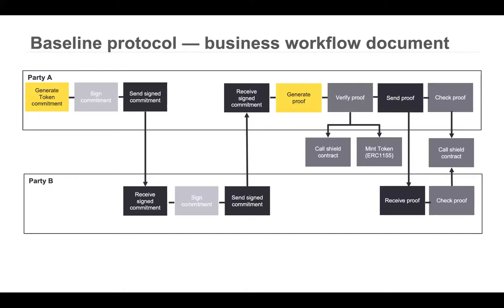So, for example, if you have in this case the token commitment, which is signed by both parties, and then you have a token generation event, I would understand it in a way that this token generation event somehow links to the underlying document that was there in the first place.